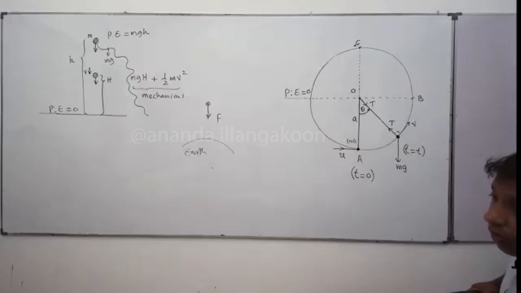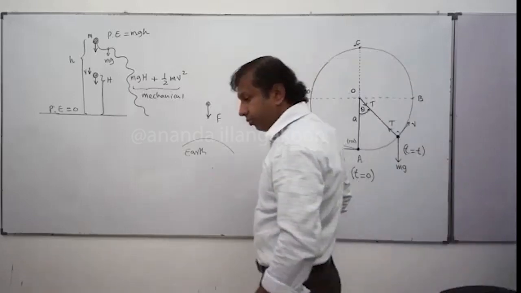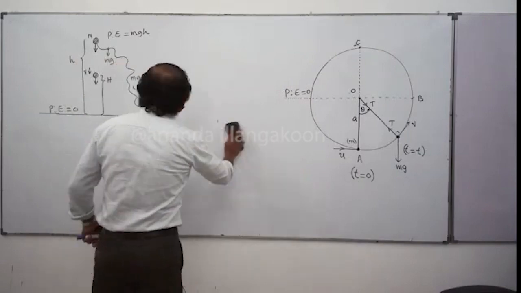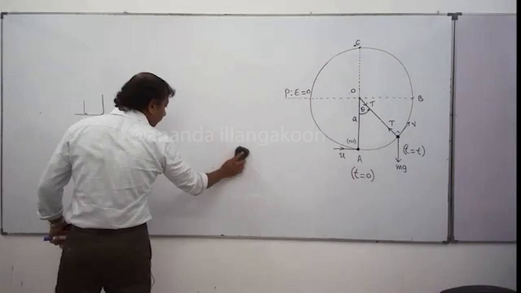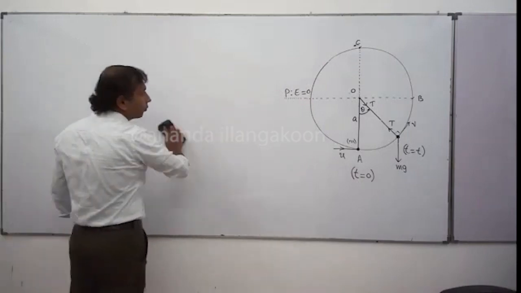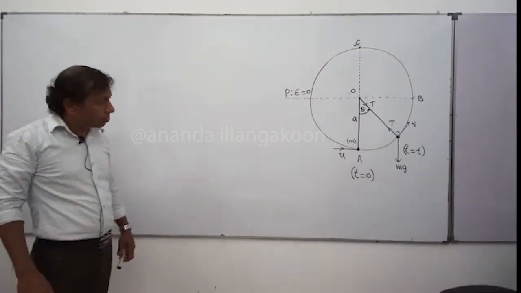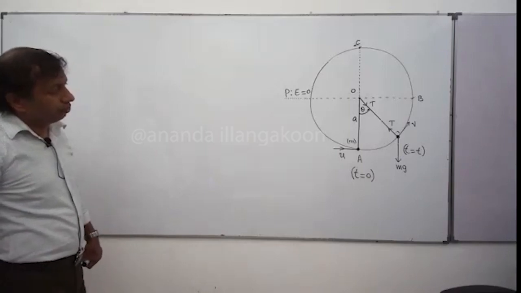Suppose after time t, the particle turns through an angle theta with the downward vertical. Right. We will draw this diagram.